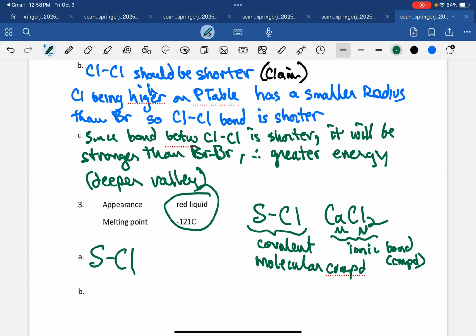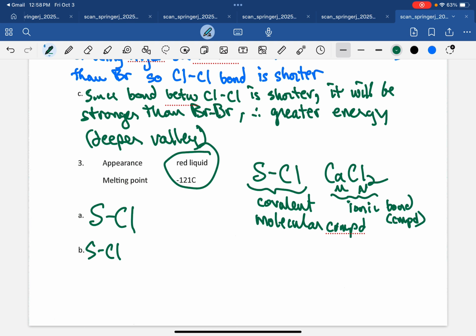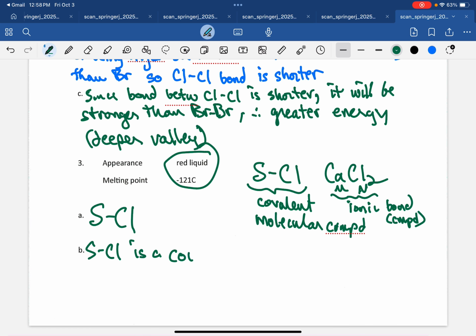And for B, justify in terms of the type of bonding present. So we've got SCl is a covalent bond, making this a molecular compound.